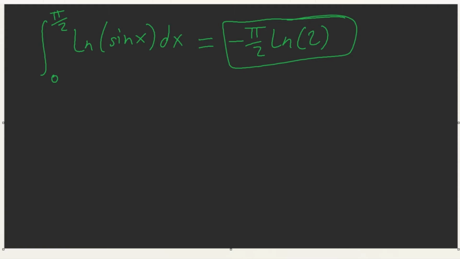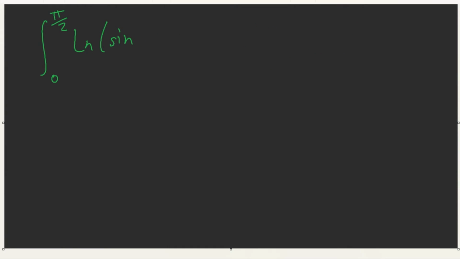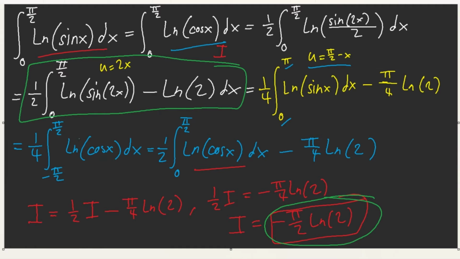Memorize that, and you'll thank me so much. It is a lifesaver. Trust me. You do not want to speed integrate this. You can easily mess up. So yeah, the answer is negative pi over 2 ln of 2. And if you can't remember that, just remember this part here.